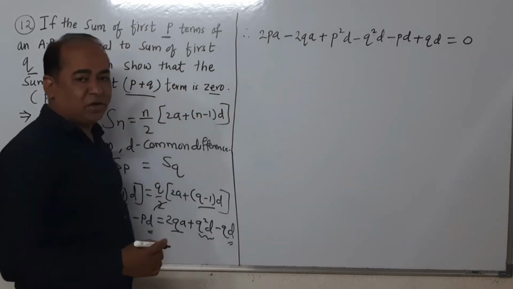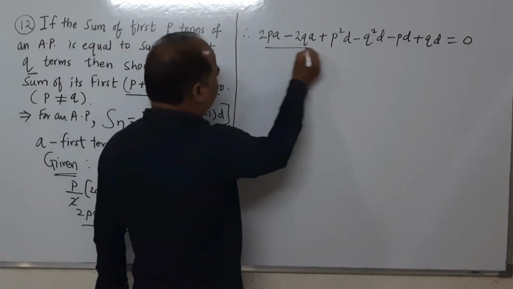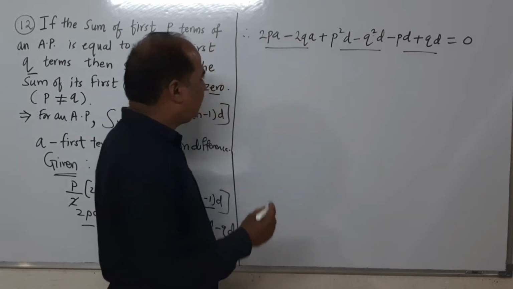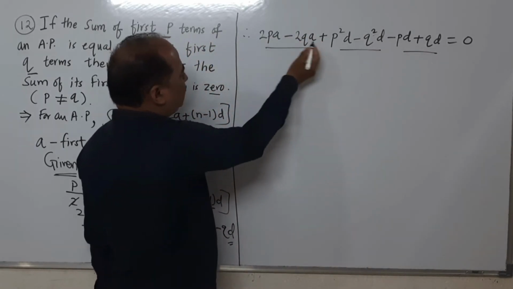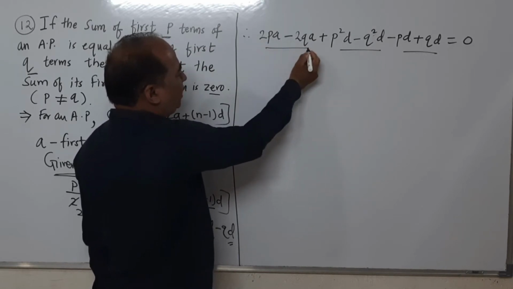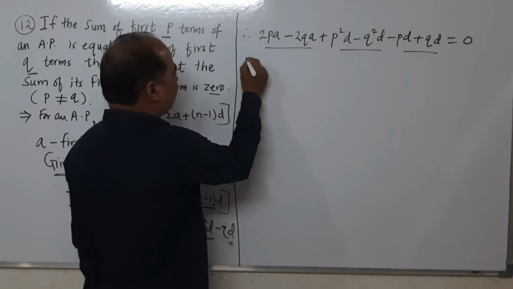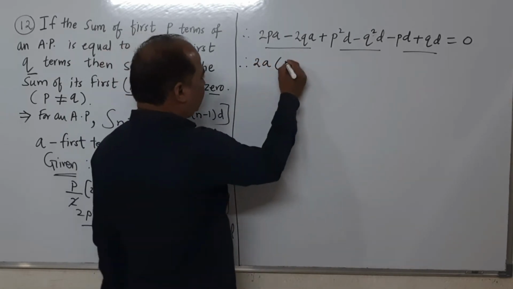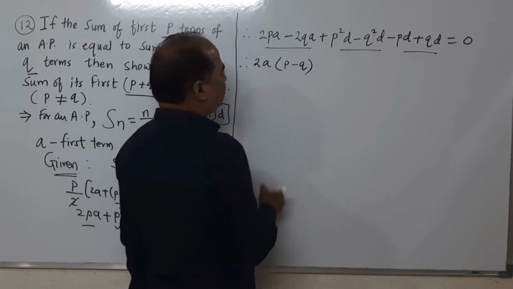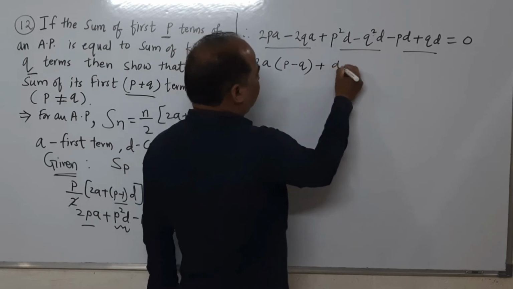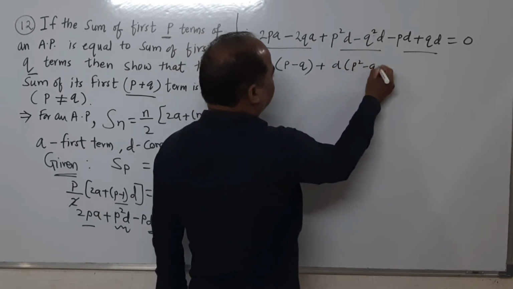Now grouping the terms and taking the common terms from each two terms. The common terms are 2 and a in these two terms. So we take 2a in the bracket p minus q, plus here d is common in bracket p square minus q square.